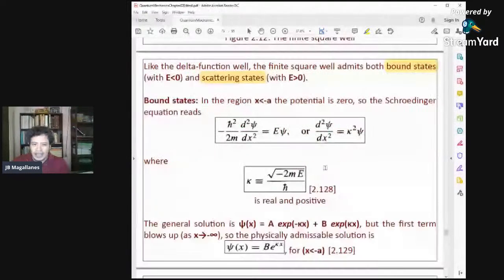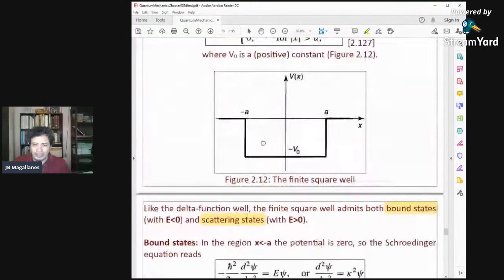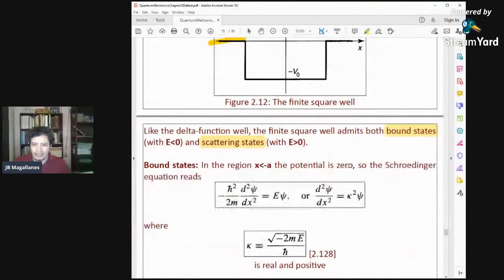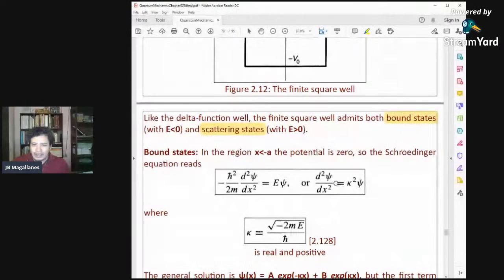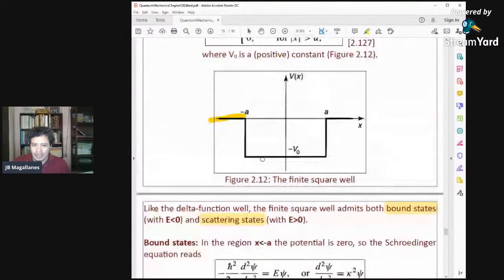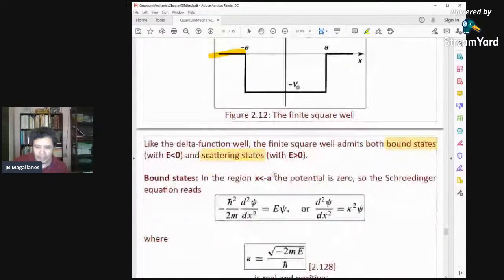For the bound states, we check the region x less than negative a. In that case, since the potential in this region is zero, the time independent Schrodinger equation will just have this.